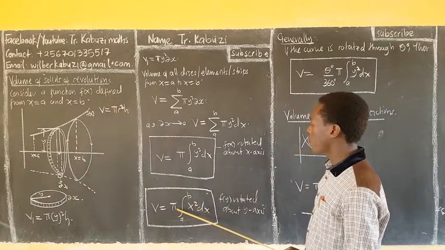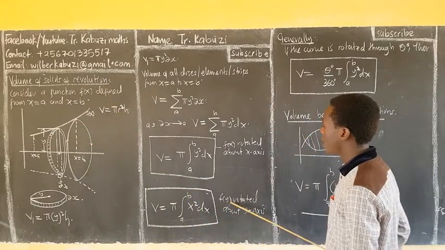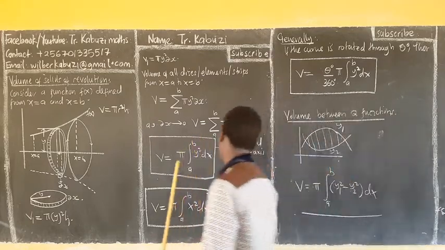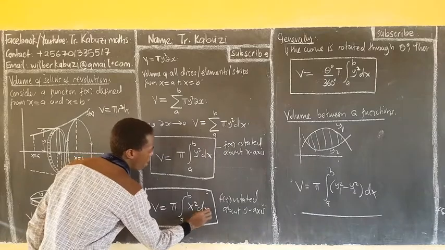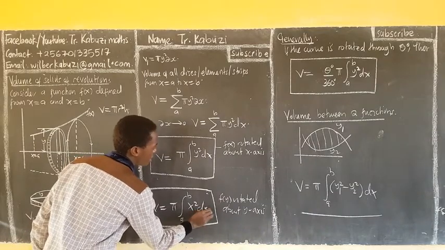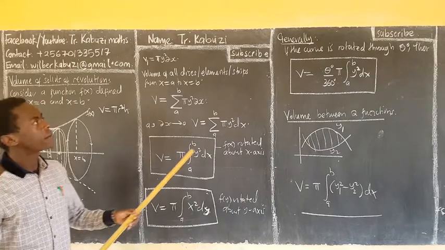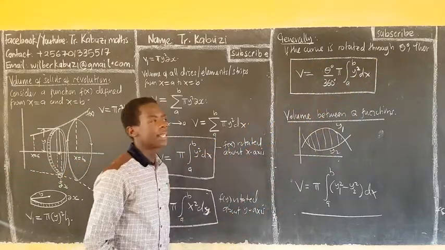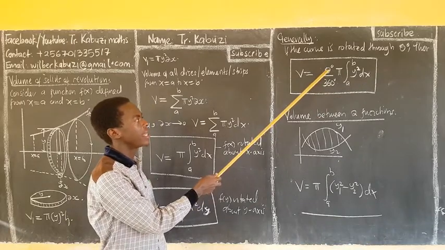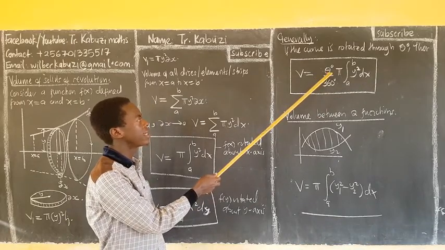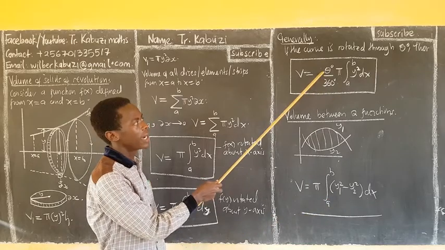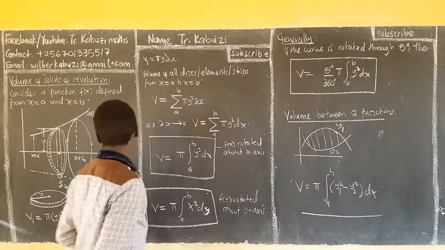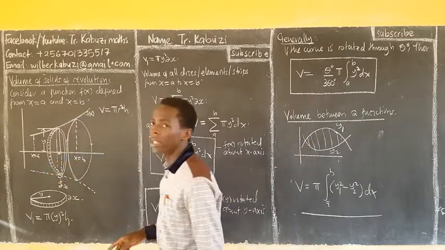Similarly, you can get the volume of a function f of y rotated about the y-axis in this form, with delta y. Generally, if the curve is rotated through theta degrees, this is how you get the volume: theta divided by 360 times pi times this integral. Here theta is the angle of rotation.